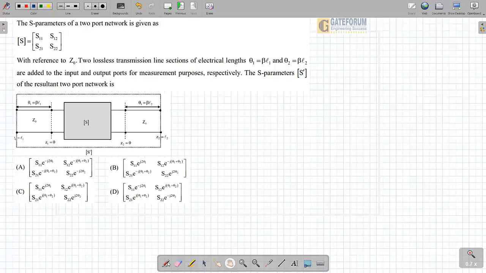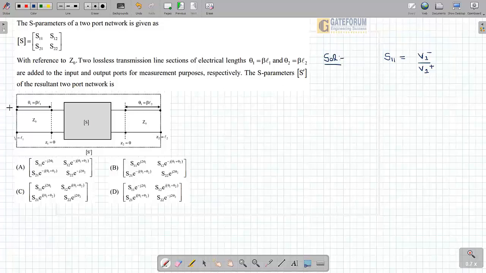So let us try to understand. First of all, the S11 parameter is nothing but V1 minus upon V1 plus, the reflected voltage upon the forward voltage. Now let us take S11.